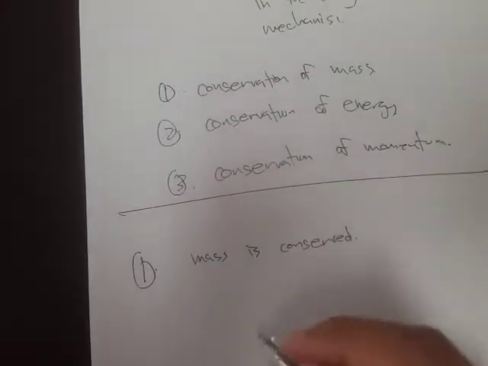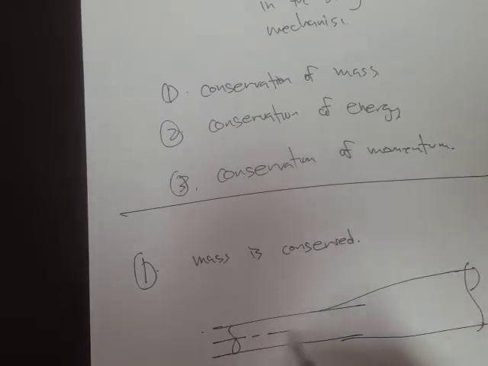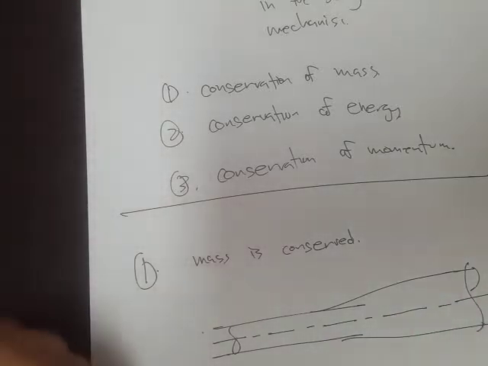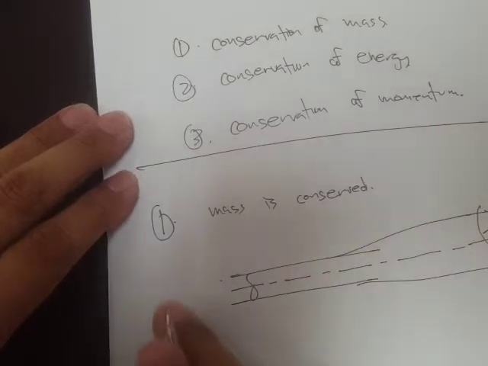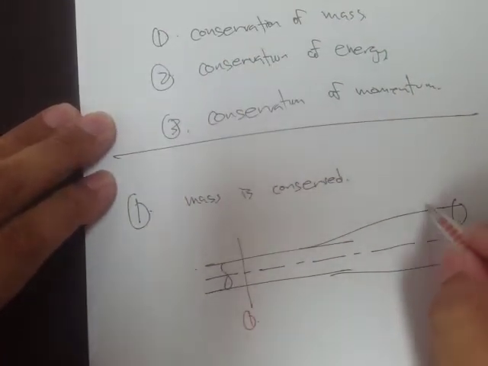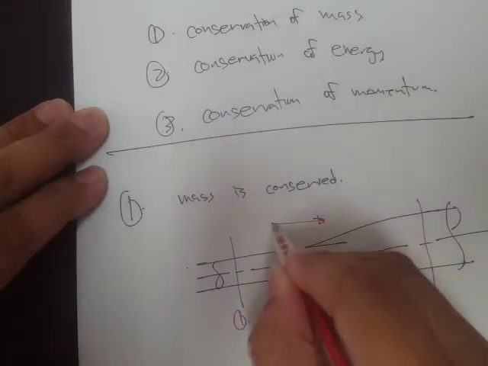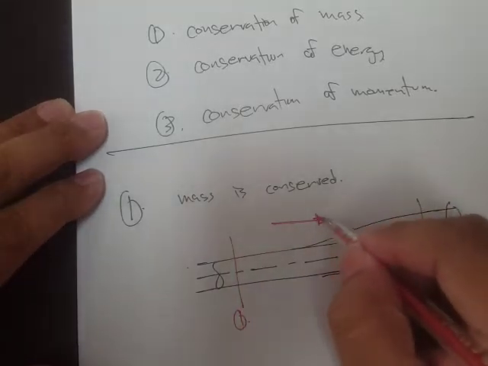Let's try to draw this in picture. If we have this conduit, a closed conduit for fluid flow, let's say an arbitrary shape, and this is the center line. What it says basically is that the mass that enters, let's say this is our point 1, our entry point, and this is our exit point, and we have a flow in this direction.